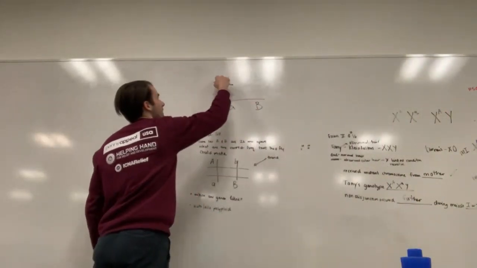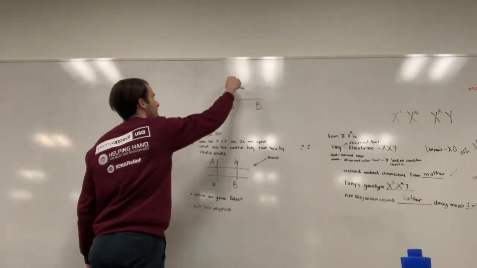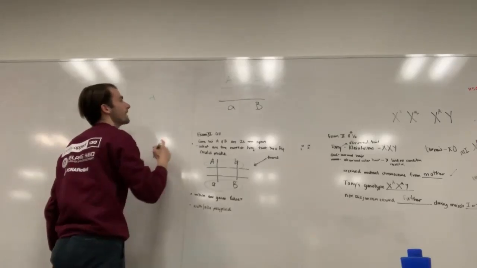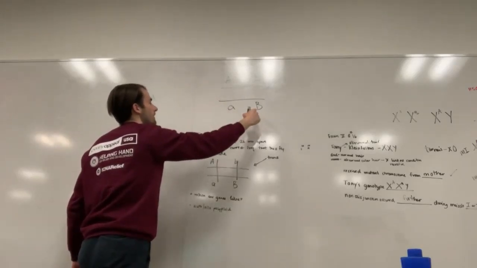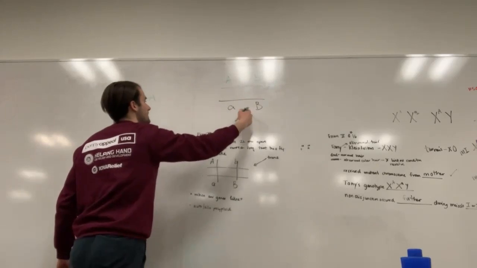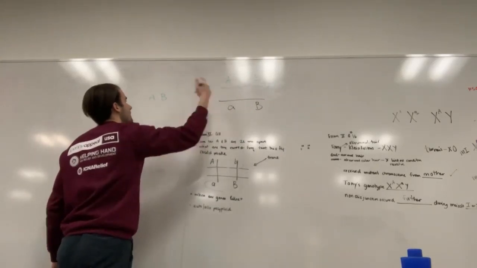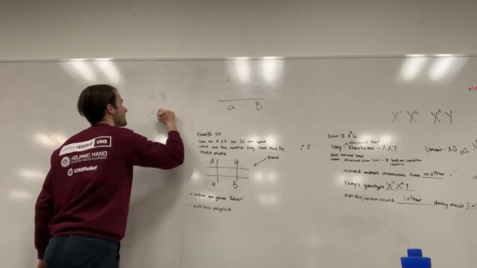The first parent with a capital A, lowercase b, could give their big A, which would combine with this individual's big B, or the big A could be with the little b.